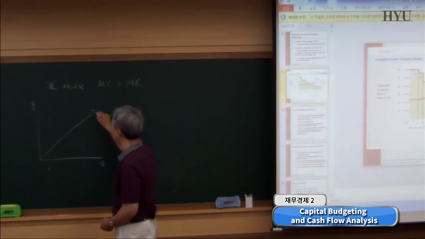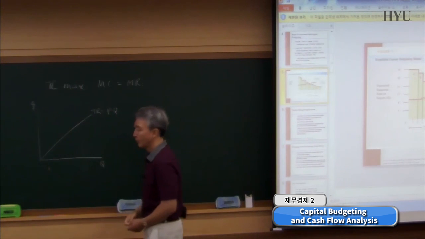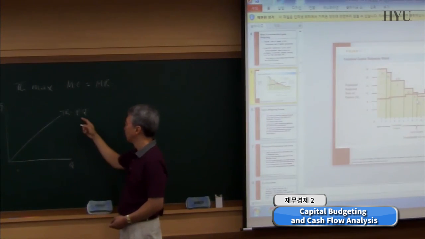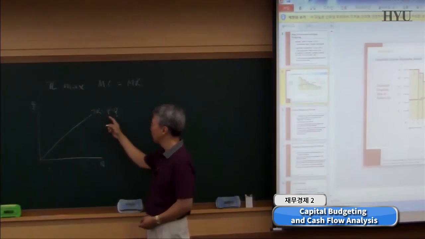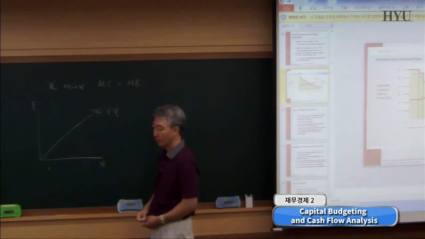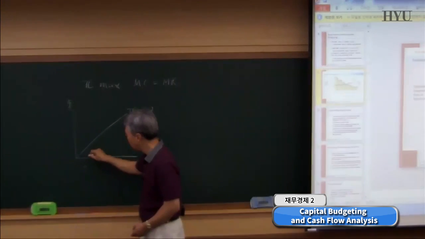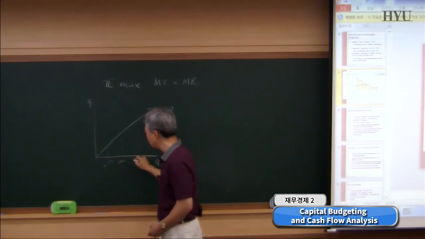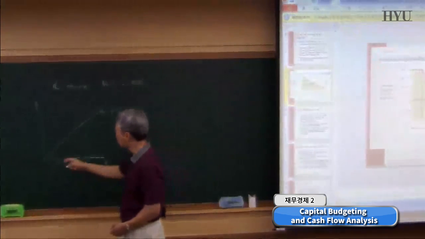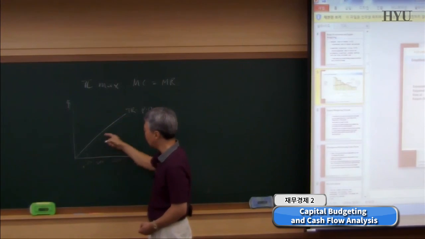This is the total revenue curve, which is P times Q. Let's say price is $5. You produce something and sell it at $5 per unit. If you sell 100 units, then your total revenue is 5 times 100. So if you have 100, 200, 300 units, your total revenue grows in a straight linear fashion.